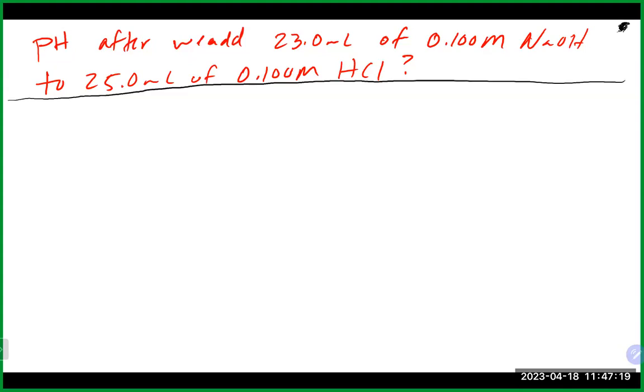Okay, let's take a look and see. So obviously we're doing a titration here, and we've obviously added some sodium hydroxide at this point. So we do want our reaction. So our reaction here, HCl plus sodium hydroxide is going to give us a salt and water.